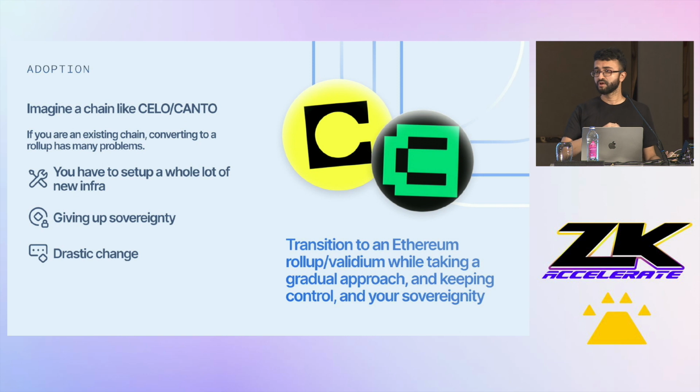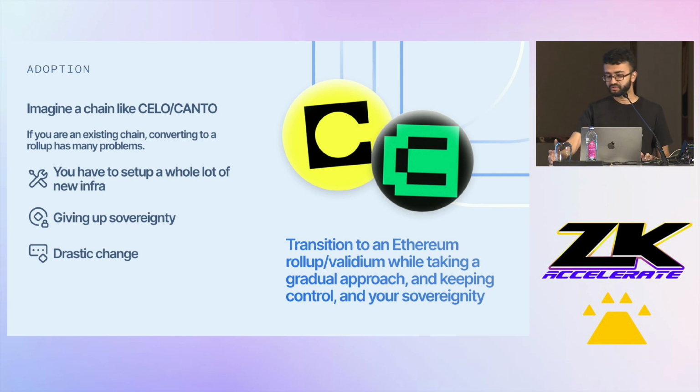You're giving up your whole community, the way it has been organized around your infrastructure. You're giving up your validators as well. Your validators are going to be pissed off. And you're having to suddenly transition to an infrastructure which is not as well tested as setting up your own L1. And so the transition to an Ethereum rollup or Validium is actually quite complicated.